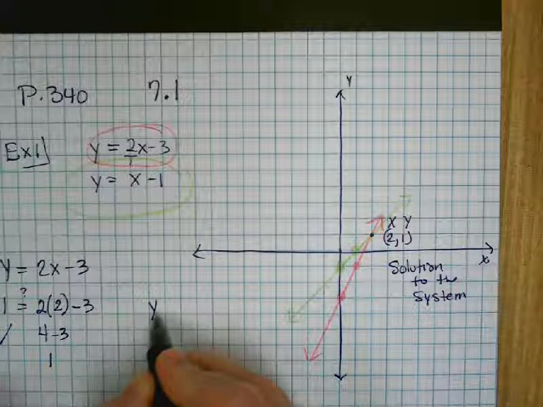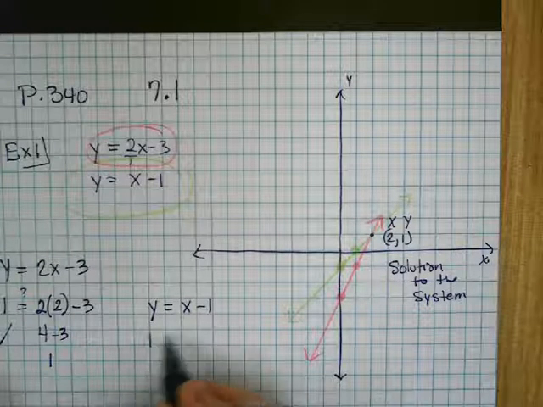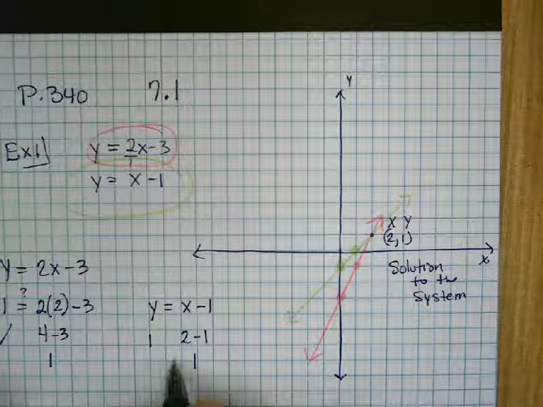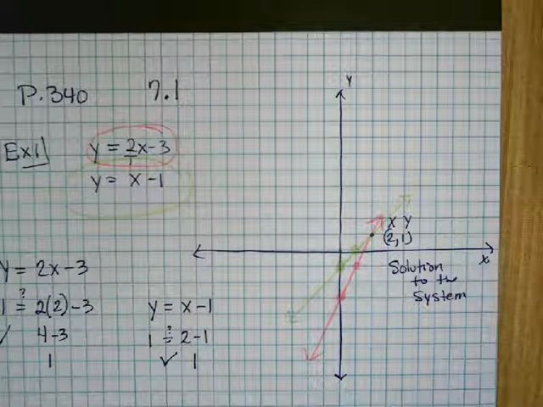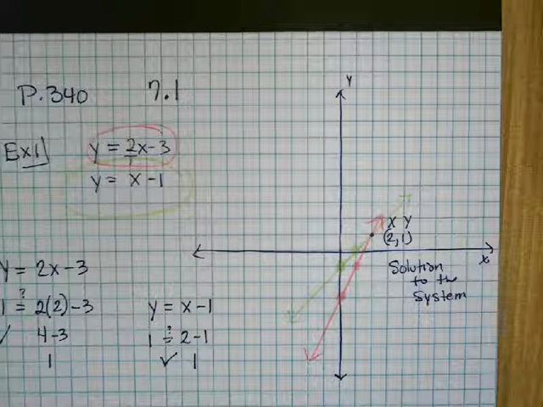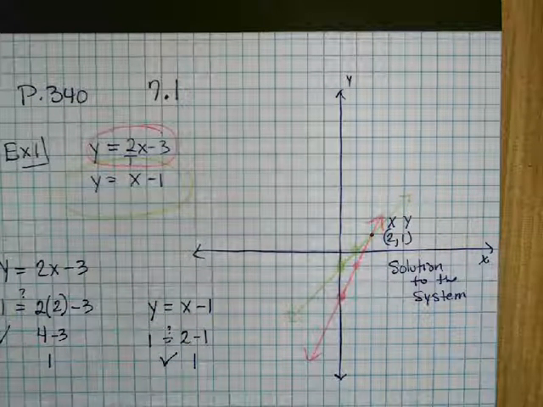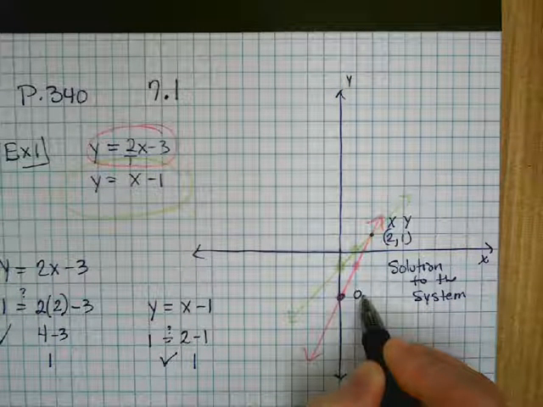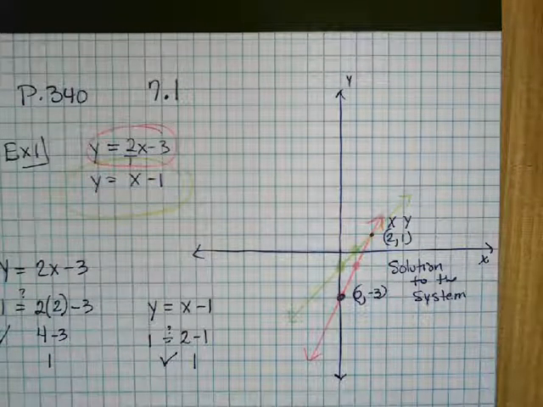Let's look at the next equation. Y is 1, x is 2, so this is 1, so do these work? Yes. That's what a solution will do. That is the only point. 2, 1 is the only point that makes both of them true at the same time. I could use the point 0, negative 3, and it would make the pink line true, but not the green.